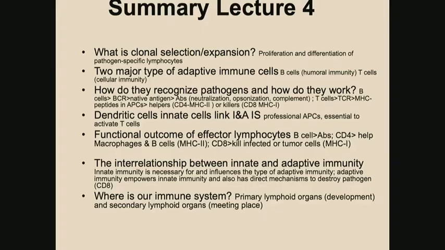And how will it know which macrophage to help? There will be many macrophages. Some will have bacteria, some will not have bacteria. Yes? The one presenting antigen on MHC class 2. Exactly. So the only way that the T cells see is through these MHC molecules in the cells that present the antigens. And for CD4s, it's MHC class 2. Okay?